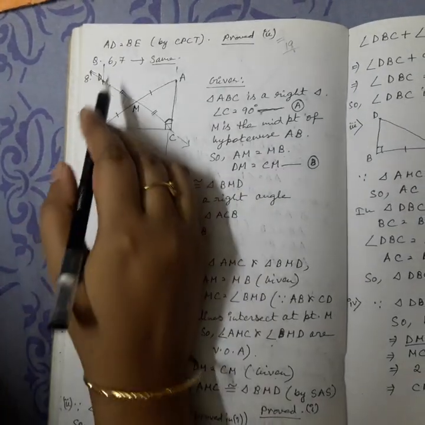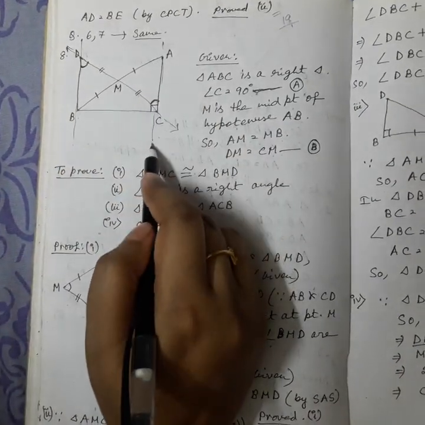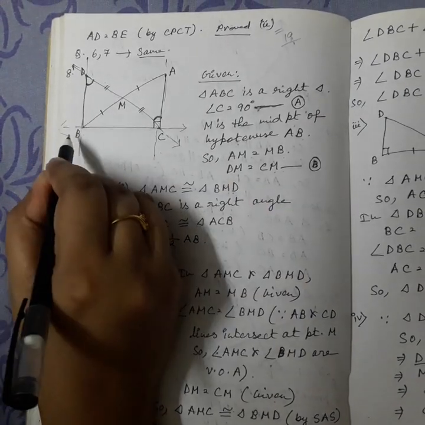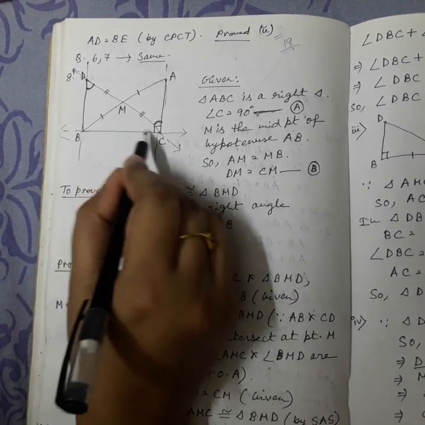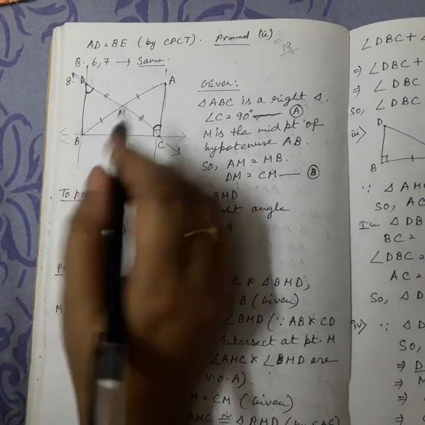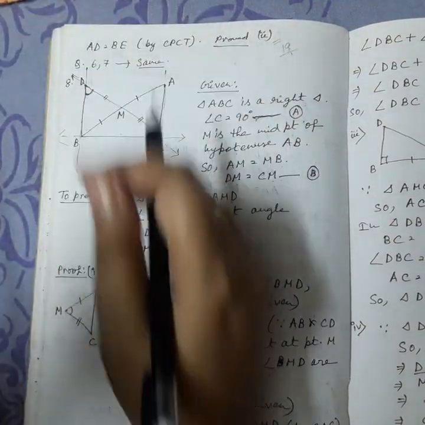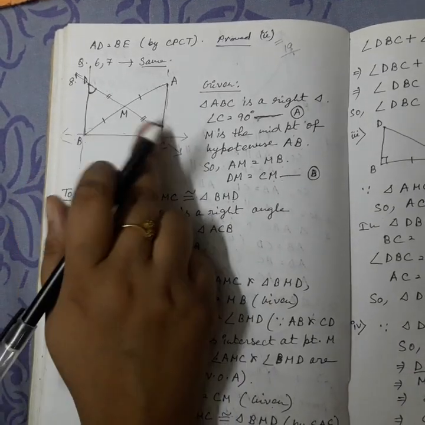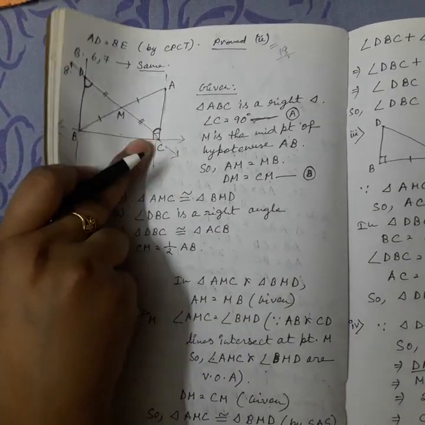Now, understand properly, if these two lines are parallel and we take BC as the transversal, the sum of these two angles will come 180 degrees, because they are consecutive interior angles.